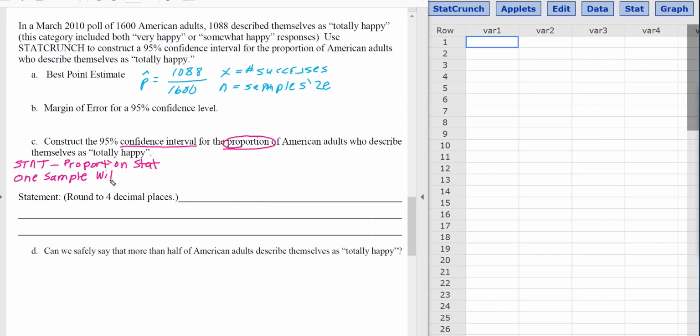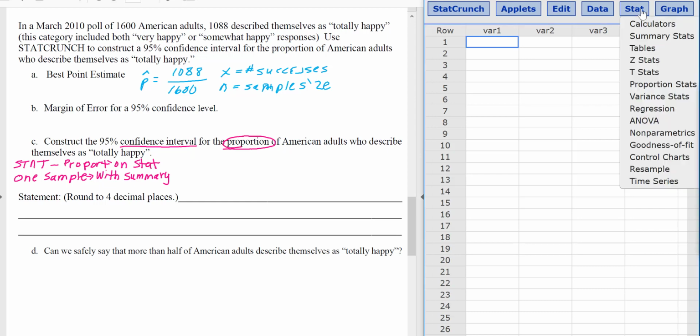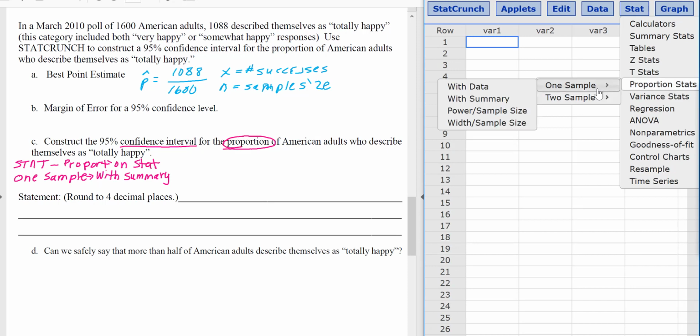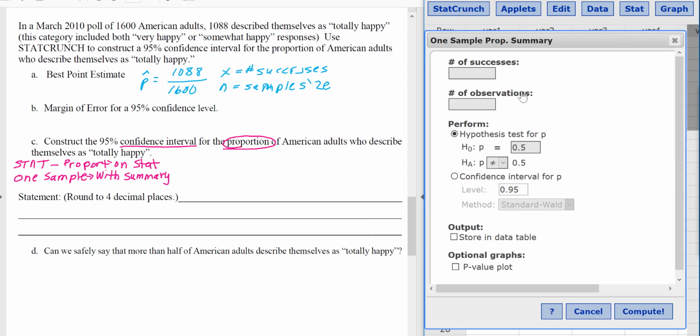With summary. So let's do this on StatCrunch. Go to Stat. We're going to go to Proportion Stats, one sample, and then we're going to choose with summary. If you were to have data already typed in StatCrunch, you would use the with data portion. So we're going to do with summary.